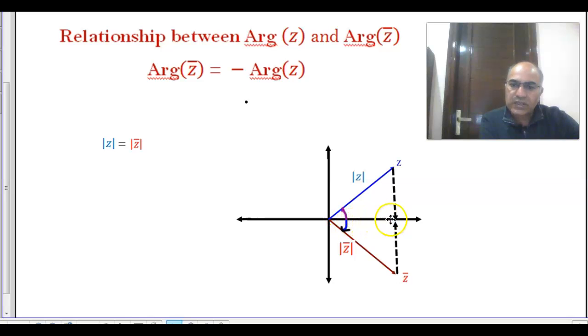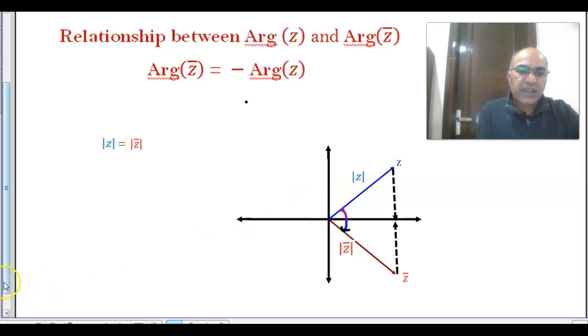This is a common side between the two triangles, and the lengths of the perpendiculars dropped are also equal. So these two angles are also equal in measurement, but this angle we have taken in the counterclockwise sense, so it is positive, and this angle we have taken in the clockwise sense, so it is negative. Therefore, argument of z conjugate is negative of argument of z.